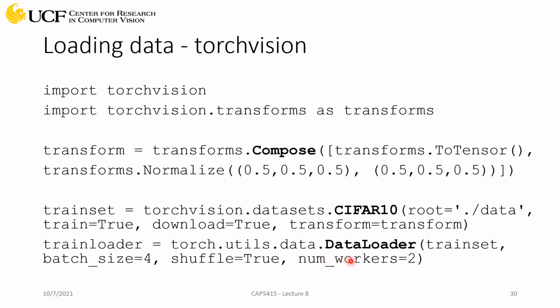Now, this is also very important, but not for this course, but I think you should know this. Number of workers is the number of processes you will invoke to load your data. This is important because when you are training your network, the feed forward step is not time consuming because it's being performed on GPU, right? It's pretty fast.